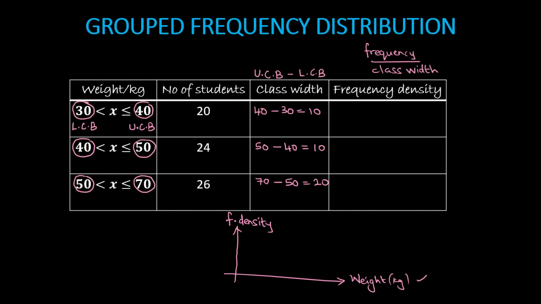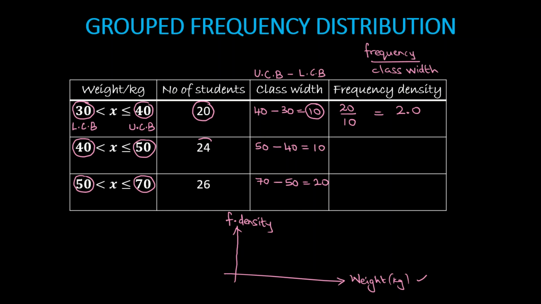Now that we have completed the class width, it is then only that we can find frequency density. So let's do it. Frequency density, we have to apply this formula. Frequency divided by class width. So the first interval, the frequency is 20, divided by the class width, which is 10. It gives a frequency density of 2 or simply 2.0.